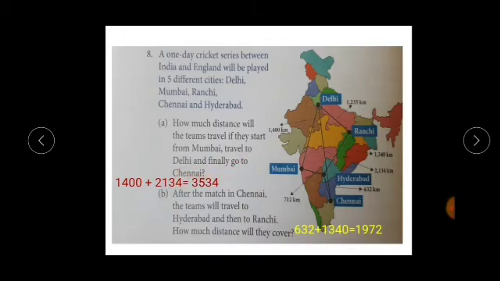And here it is given from Delhi to Chennai, total 2134 kilometers. So let's add together 1400 plus 2134. Total they traveled 3534 kilometers. Okay.